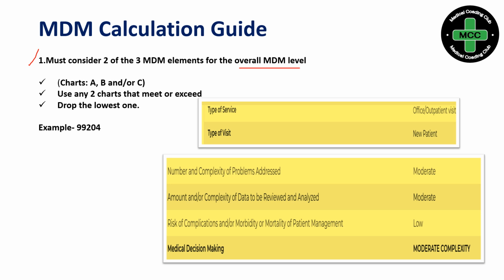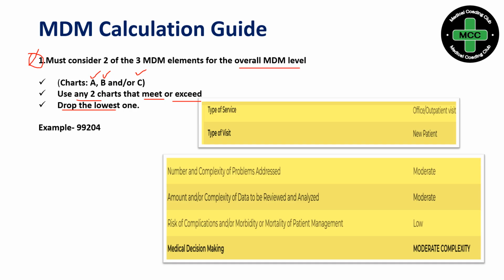As you all know, we have three MDM elements, that is chart A, chart B, and chart C. In these three charts, we have to consider any two charts that meet or exceed. If any two charts are meeting the same MDM level, then we will take that, and we are going to drop the lowest one. This is one method of calculating MDM.